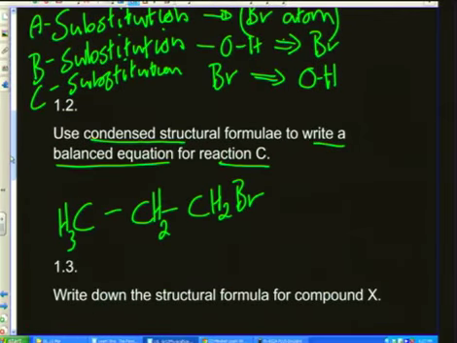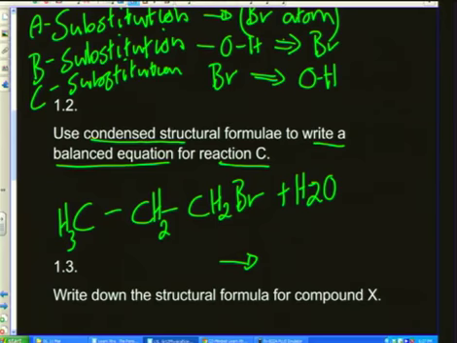So what we can do is take water, and we're going to say H2O. Now, because it said condensed structural formula, I don't think I need to give the whole thing. I can do it like that.